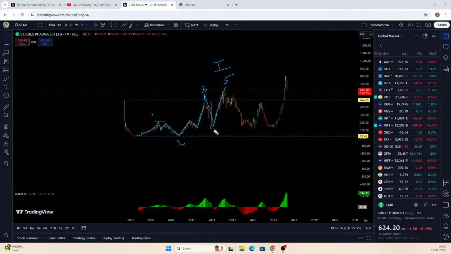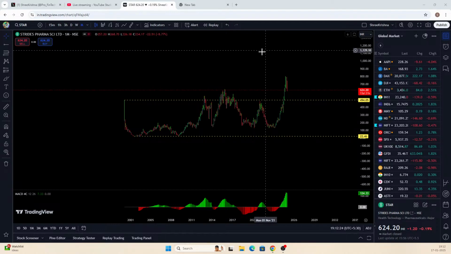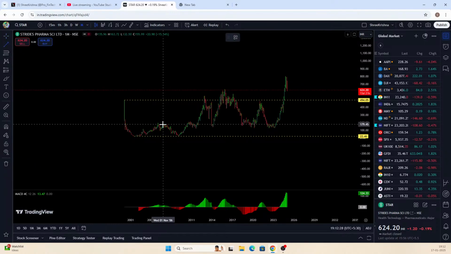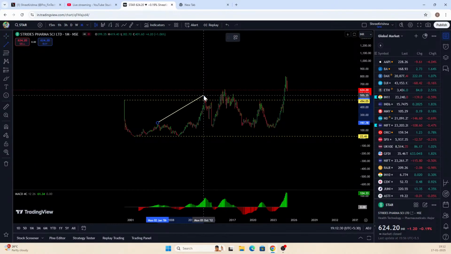But today's ideology is that it should not come this deep, there should be this and that. No, it is not possible. When a stock is new and has got some relative understanding, it can behave in this manner.